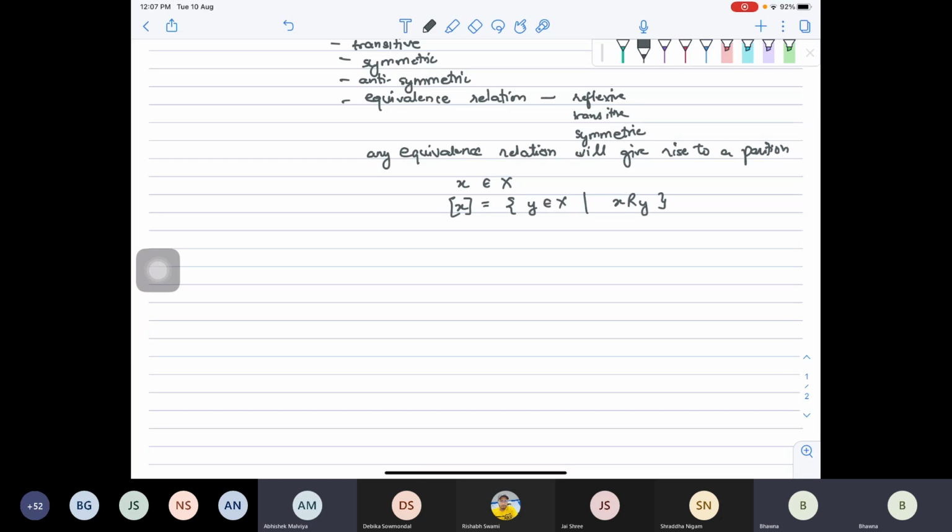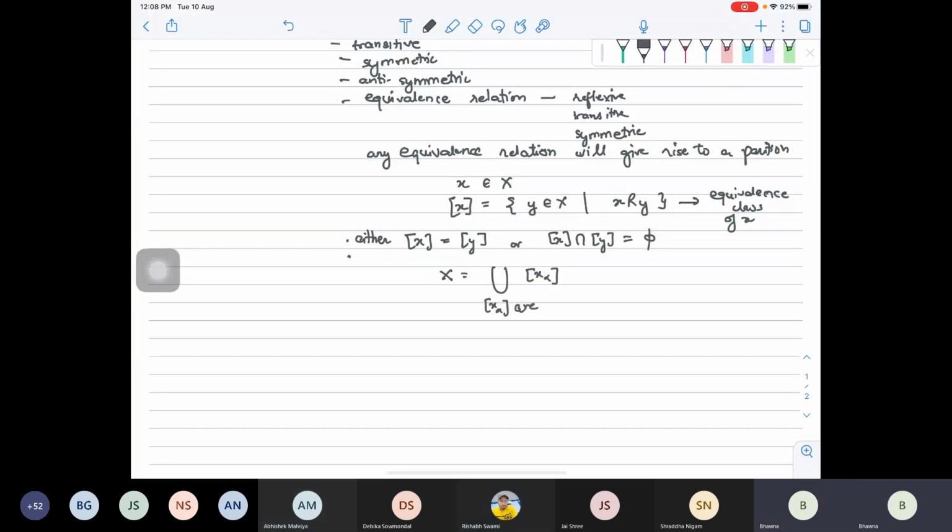And if I define this set to be an equivalence class of x, then we see that for two elements, either the equivalence classes are the same or they are completely disjoint. Therefore, I can partition X. I can write X as a union of equivalence classes, say X alpha, where all the X alphas are disjoint, right?